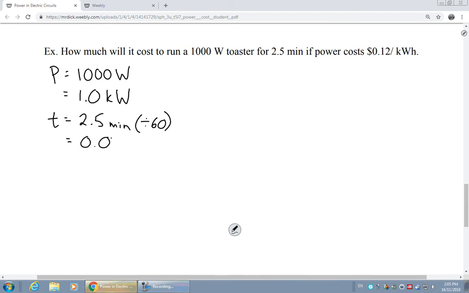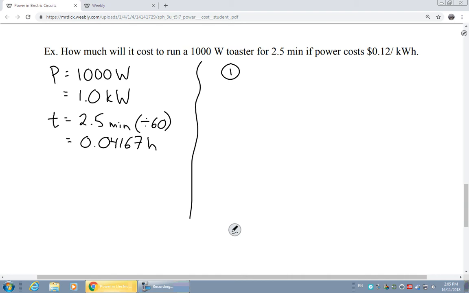So it's about 0.04167. That's how many hours we are technically using the toaster for. And I know that seems weird when we have an amount that's just a small number of minutes, and we try and convert that to hours, but it just means we'll have a very small decimal number of hours. But we can still calculate it in hours, and now it's in much better shape for us to easily calculate the energy.